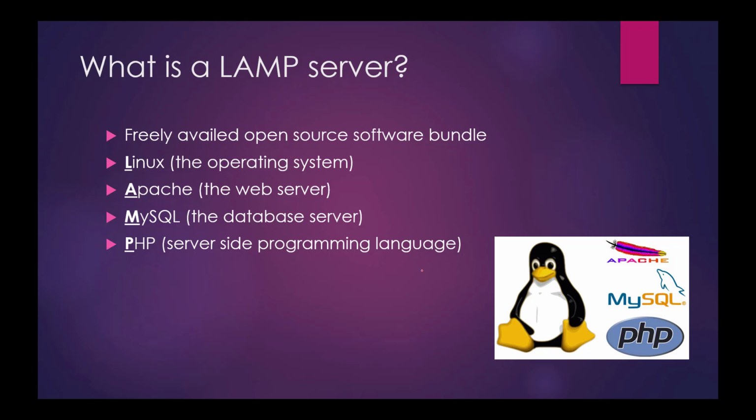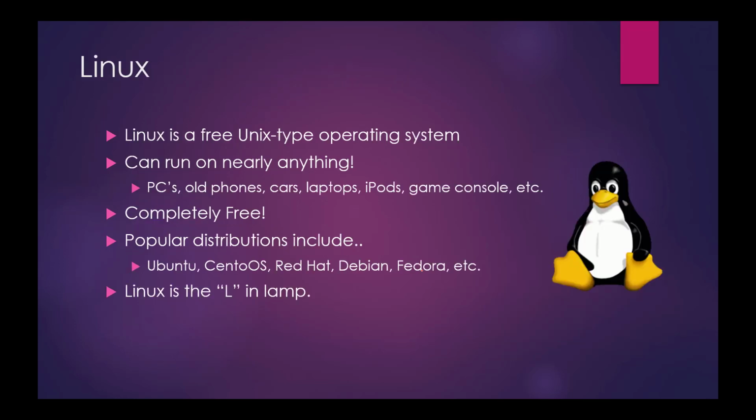So going through each one of these in a little more detail. First off, the L in LAMP stands for Linux. Linux is a free Unix operating system. Other operating systems you might be familiar with are Microsoft Windows or Mac OS. Linux is another operating system like those two, but it's completely free and open source.